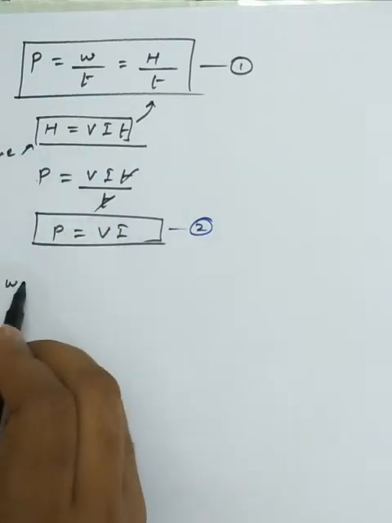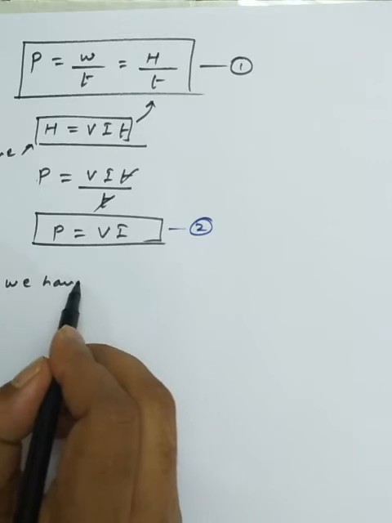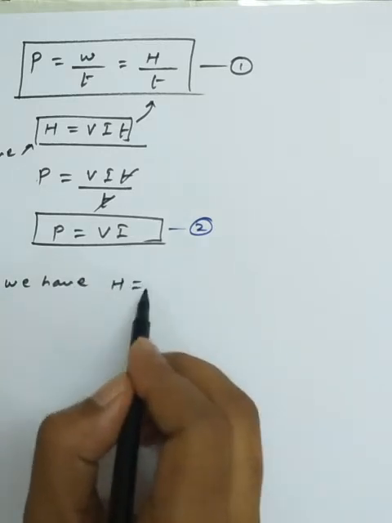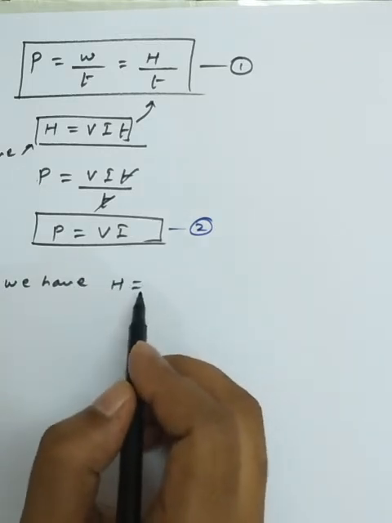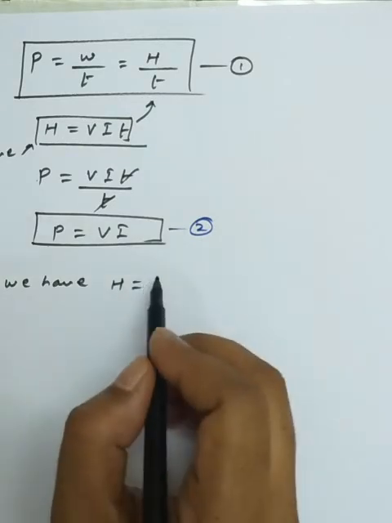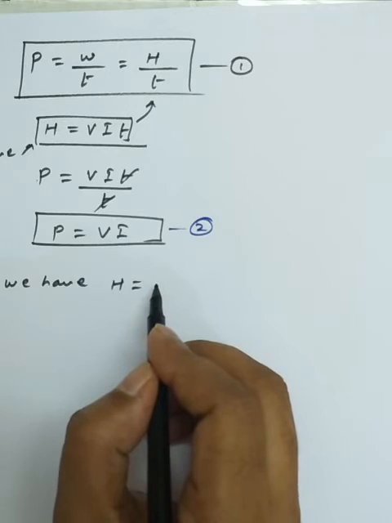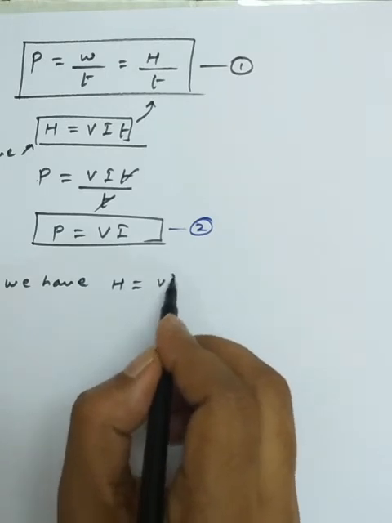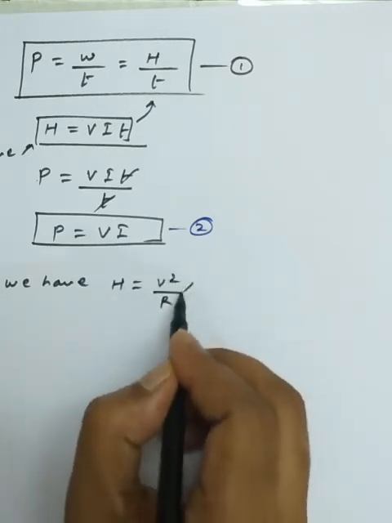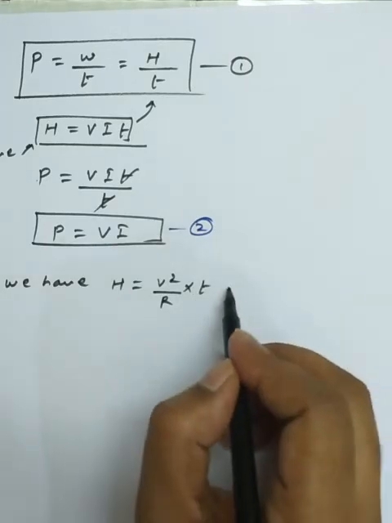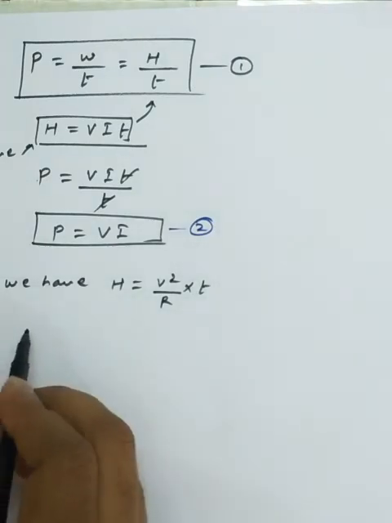Now we have another formula, H is equal to V square upon R into T. We are using this formula in equation number 1.